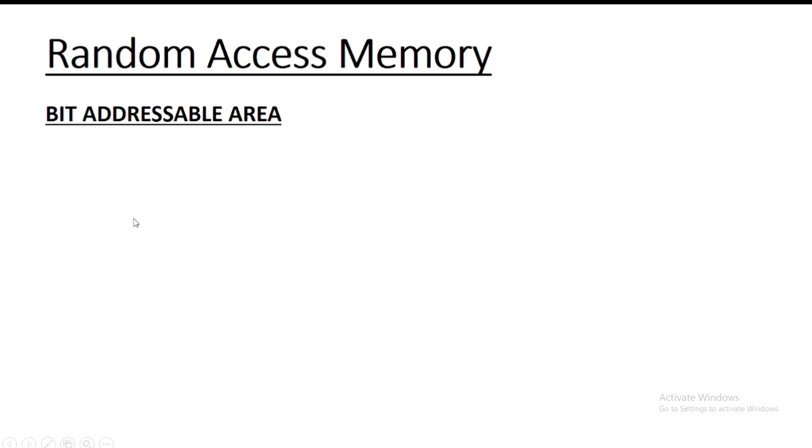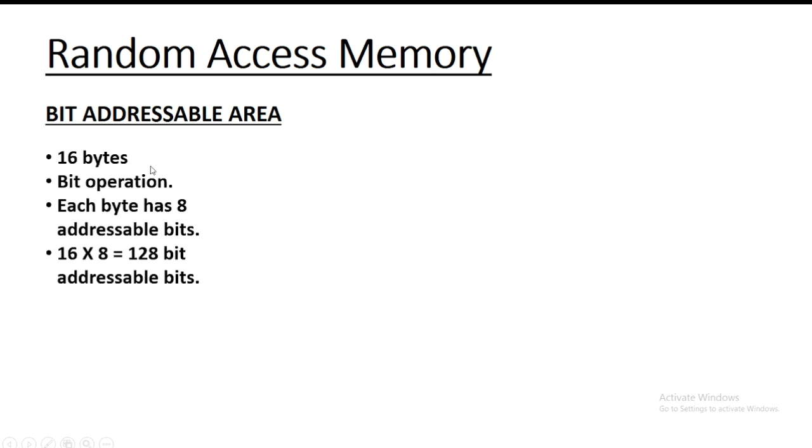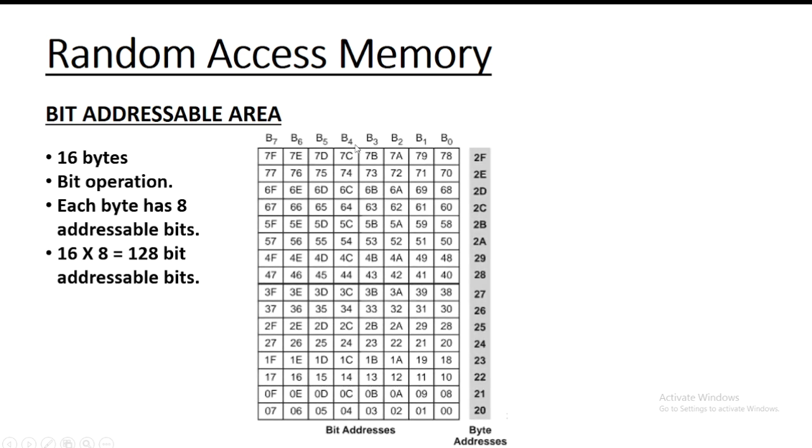So next is the bit addressable area. The bit addressable area is 16 bytes. This bit addressable area is used for bit operations. If you look at the diagram, there are 16 bytes and each individual bit of each byte can be addressed, can be accessed.